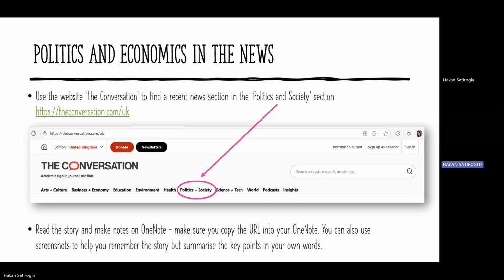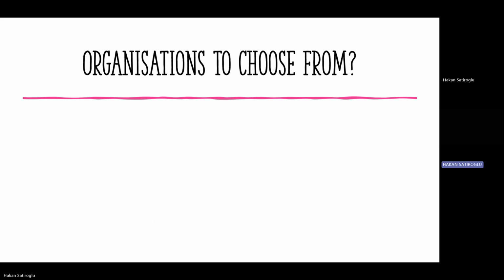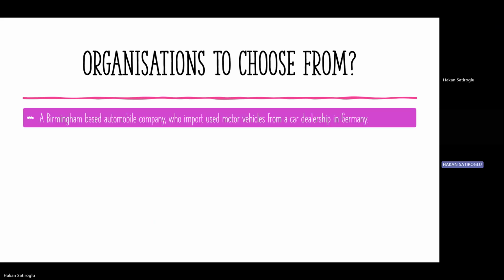In your first assignment, you want to choose one of the case studies, one of the organizations. Next slide: organizations, one of them you need to choose. The first organization is about Germany and the UK.